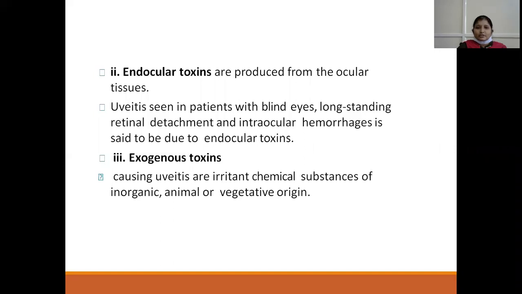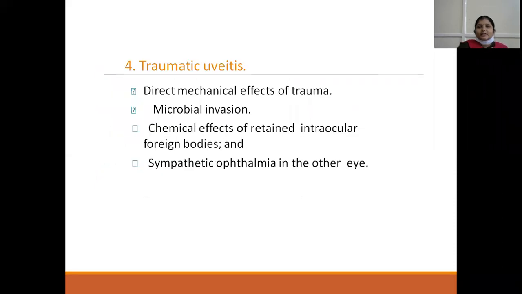Next, coming to exogenous toxins. Here the uveitis is caused because of irritant chemical substances of inorganic, animal or vegetable origin. So this completes toxic uveitis. Next, coming to traumatic uveitis. In case of any injury to the eye, it leads to uveitis by three mechanisms.